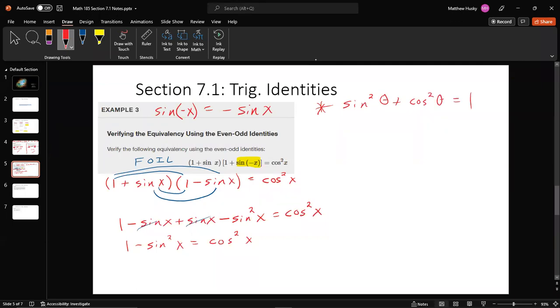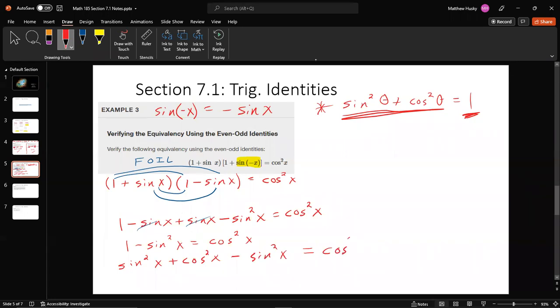And so if you have a 1, you can replace it with this, sine squared theta plus cosine squared theta. So instead of 1 right here, I can write sine squared x in this case, plus cosine squared x, and then minus sine squared x.